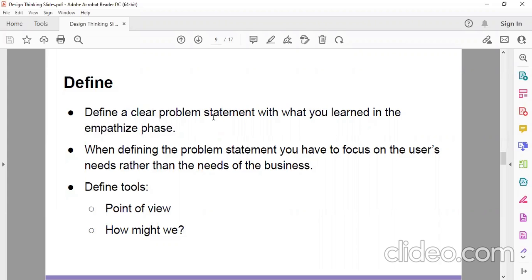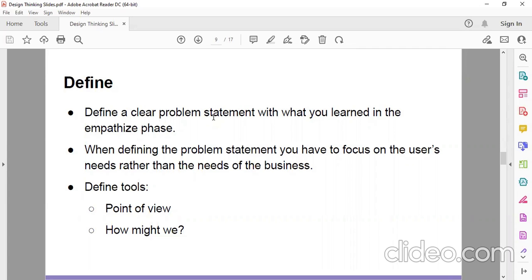So when defining a problem statement, we must focus on the user's needs rather than the needs of the business. So a good problem statement must be human centered, right? You always put the people in the first priority rather than the business. Okay.